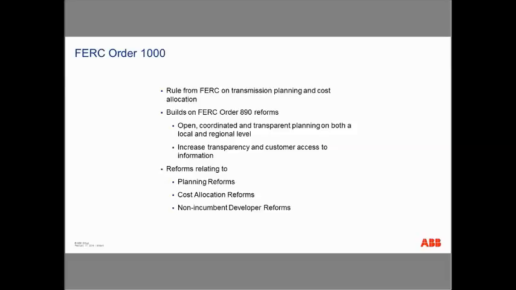A lot of the planning processes that are still in place were started related to FERC Order 890. But FERC Order 1000 goes further, as it relates to planning reforms and how the planning is done, some cost allocation reforms, and the non-incumbent developer reforms, which allow non-incumbents to participate in the process for transmission planning.